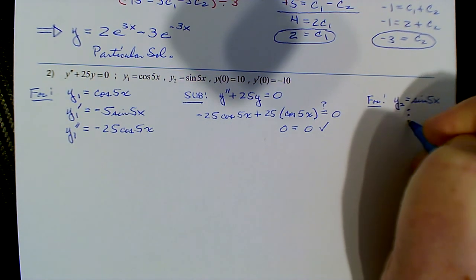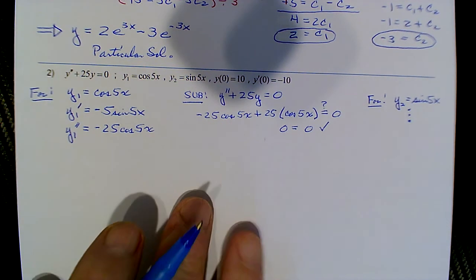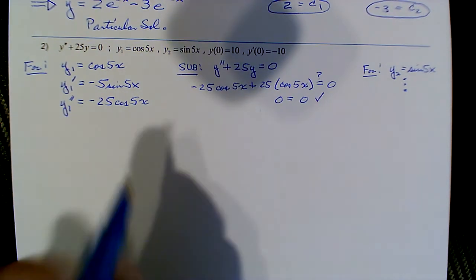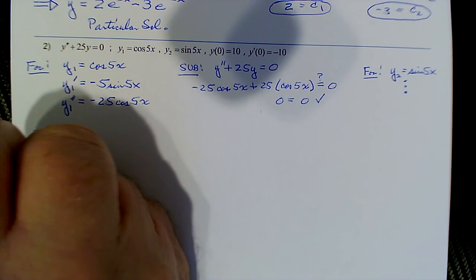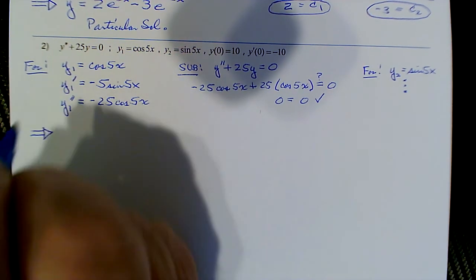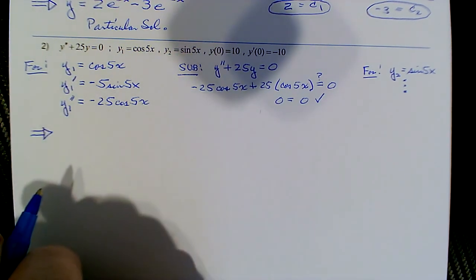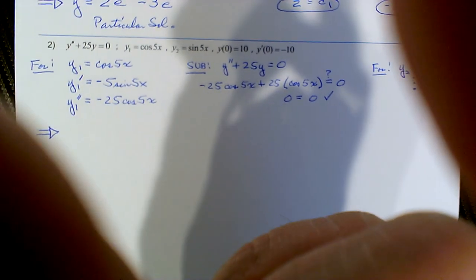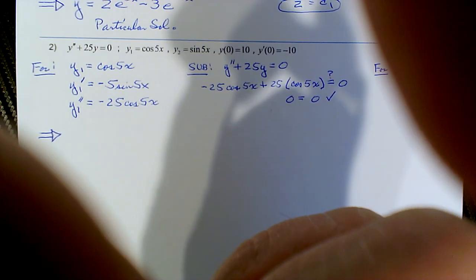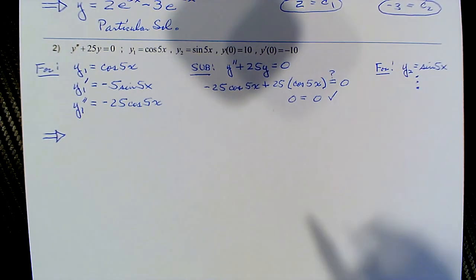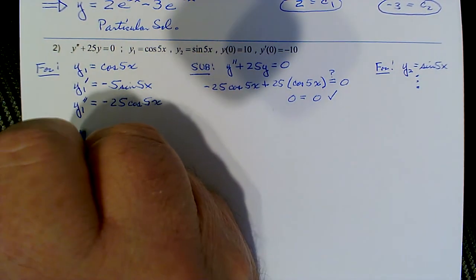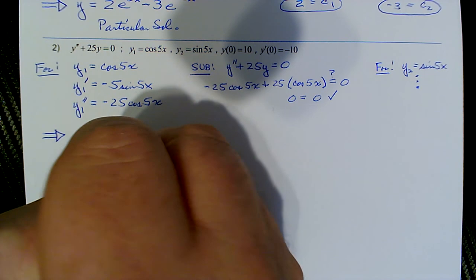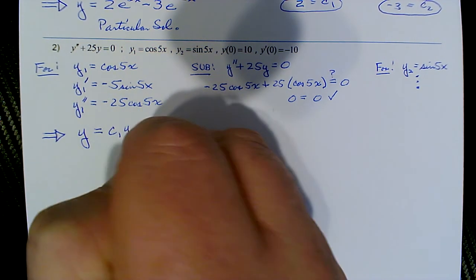So very similar routine. Okay, but now by the principle of superposition, so this is the important part, because checking is just kind of busy work sometimes. But the important part here is to use the principle of superposition to form a general solution, which is of the form C1 y1 plus C2 y2.